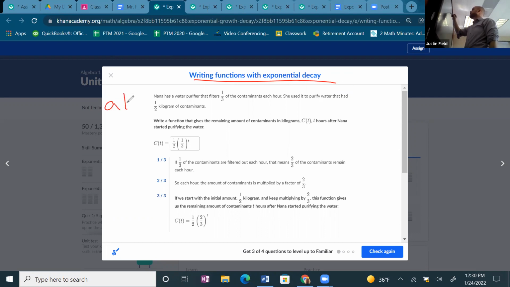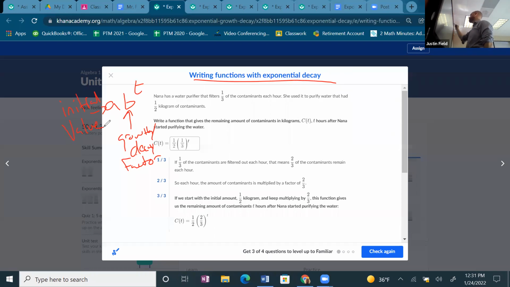So we know it's a times b to the t, and b is the growth, but now we have to put slash decay factor, and then a is the initial value.